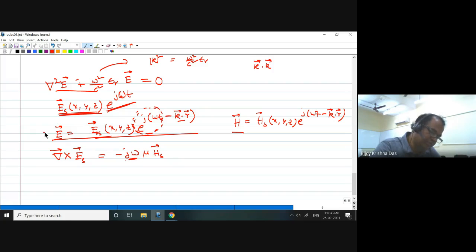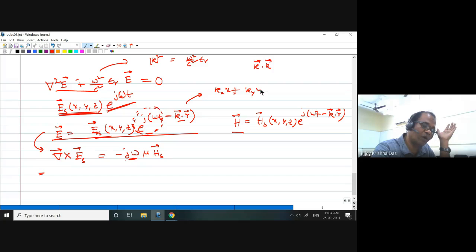If I substitute this here and evaluate the del operator, you consider E_s having X component, Y component, Z component, and K you consider as k_x x plus k_y y plus k_z z. So this k dot r can be written like this.